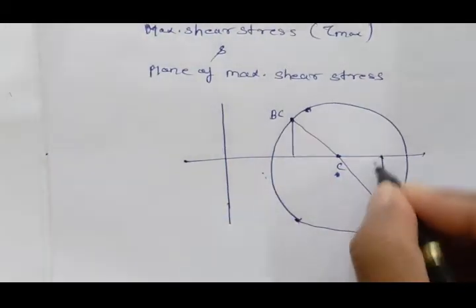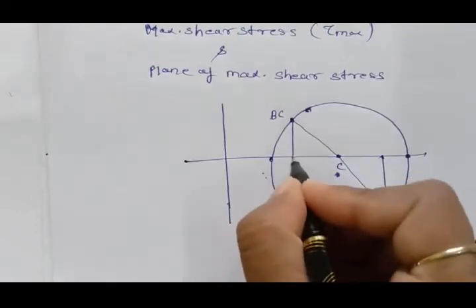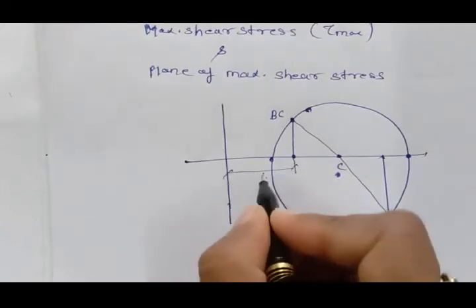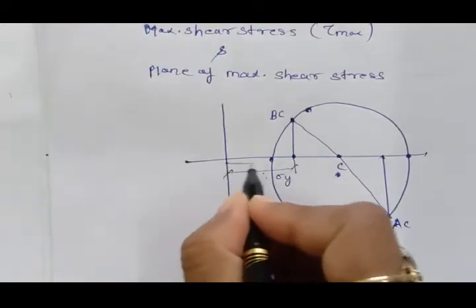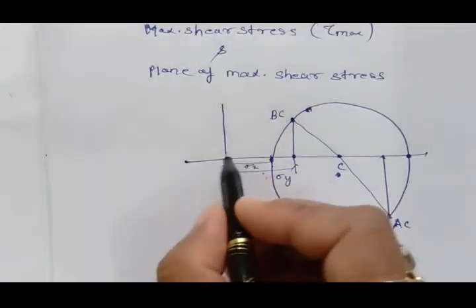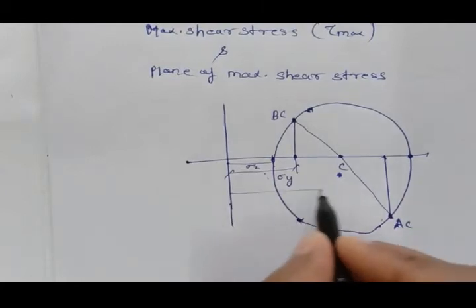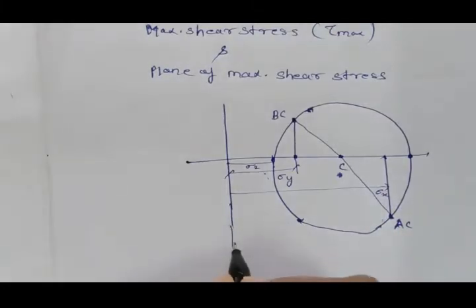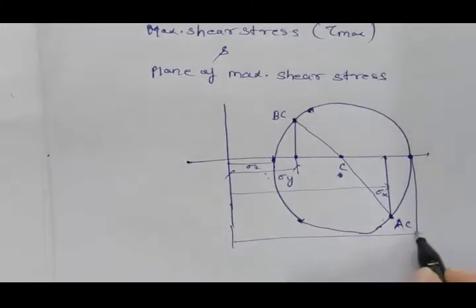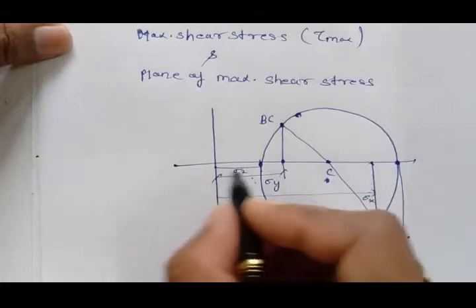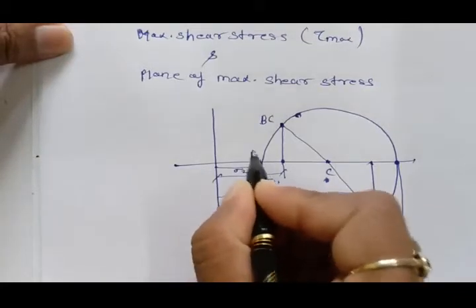Now from here to here it was sigma y, here to here sigma 2, similarly here to this is sigma x, and from here to this is sigma 1. We have already given names: this is E, and this is D.